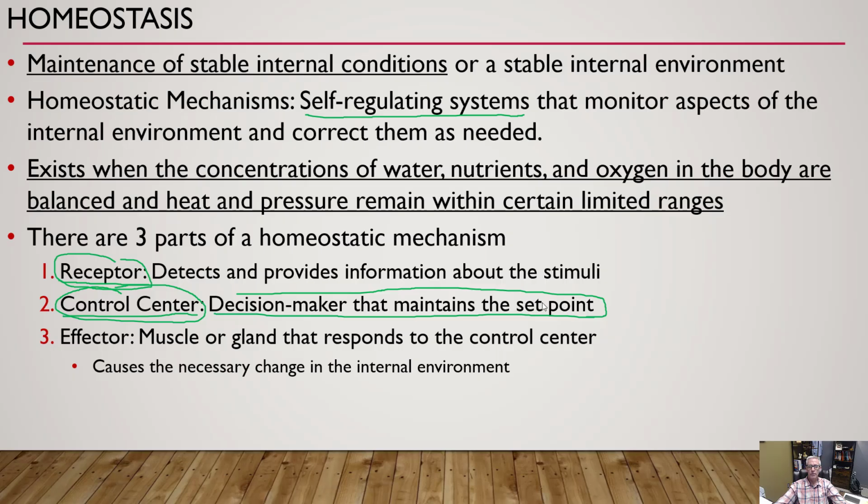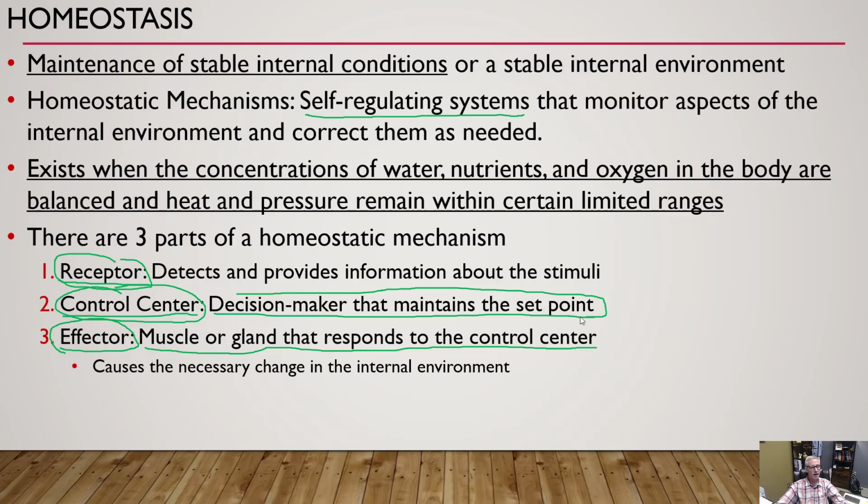We're not going to talk about how all this happens yet, but our hypothalamus will eventually send a bunch of signals through a bunch of different pathways, but eventually we're going to have this effector, which is going to be a muscle or a gland that responds to that information that was sent out from the control center.